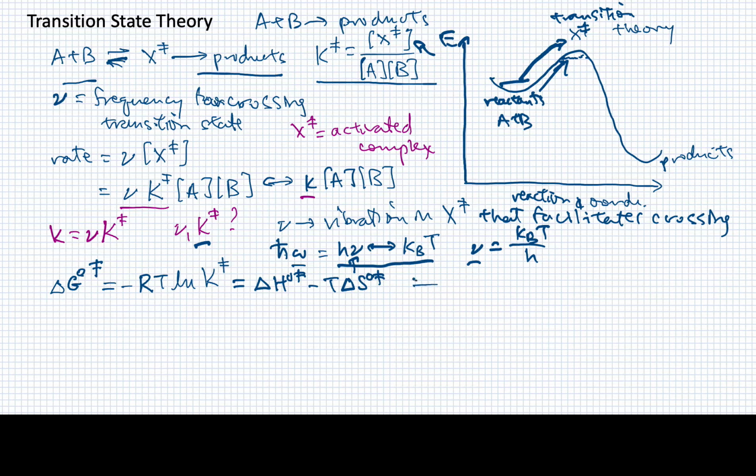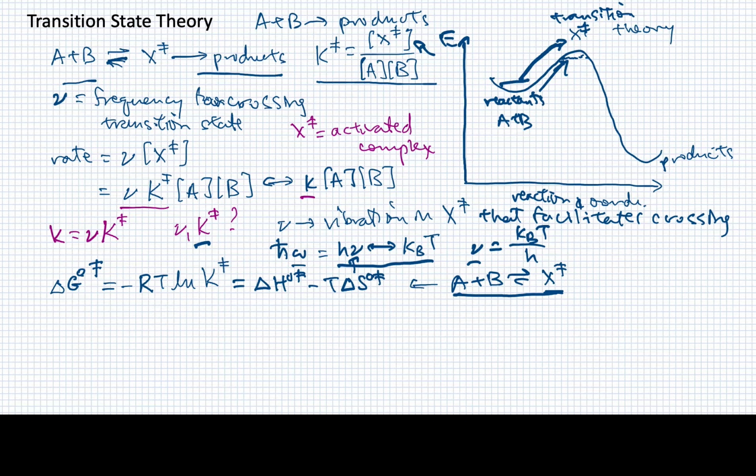These are basically changes that are relevant to this particular reaction. I'm going to continue using this double dagger to represent these things so that we're always clear that we're talking about this process and not the overall reaction process.